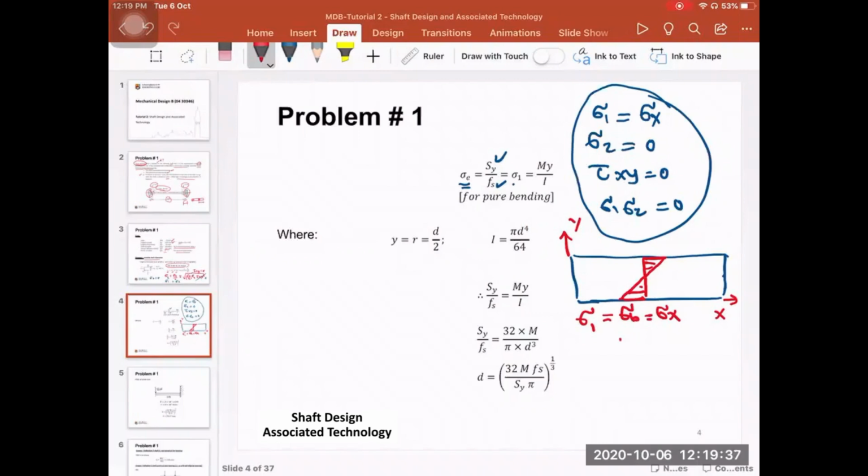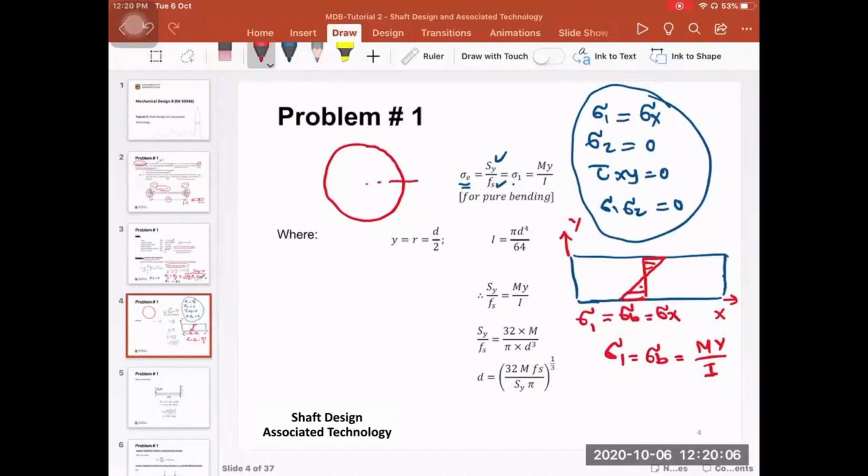And if you have pure bending, sigma 1 is equal to sigma bending, which is equal to M times y over I. This is the bending stress equation, where M here is the bending moment, and y and I depend on the geometry. In this case, we have a solid circular shaft.